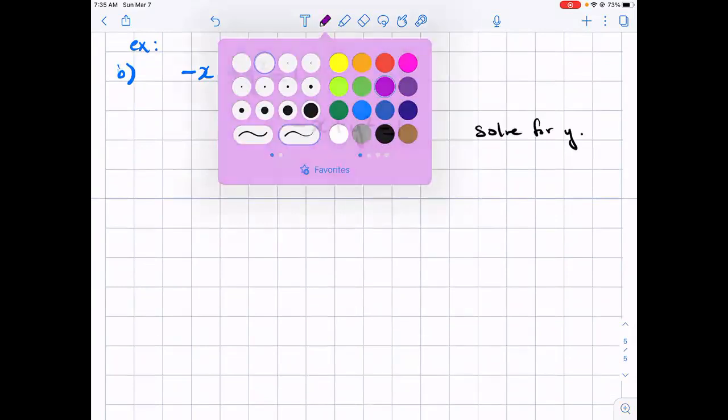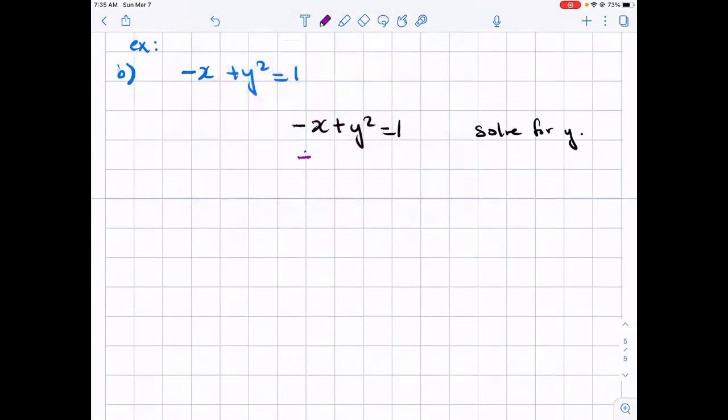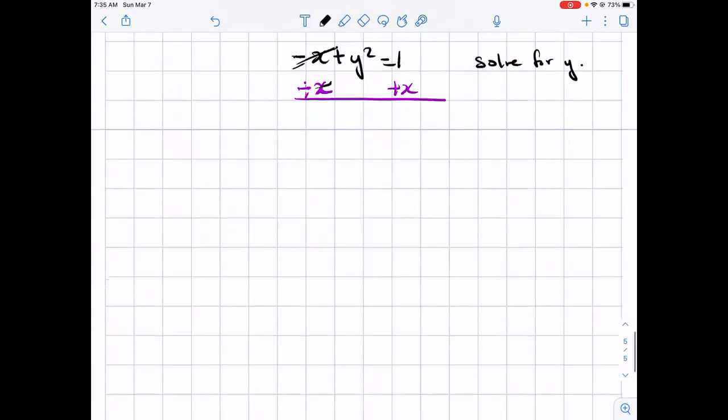So what we'll do is add x to both sides. And if we do this, the minus x and the plus x will cancel, leaving me with y squared is equal to 1 plus x.